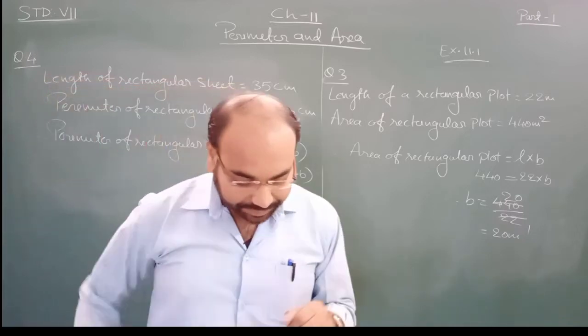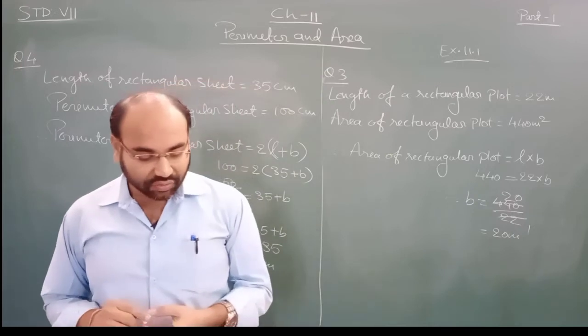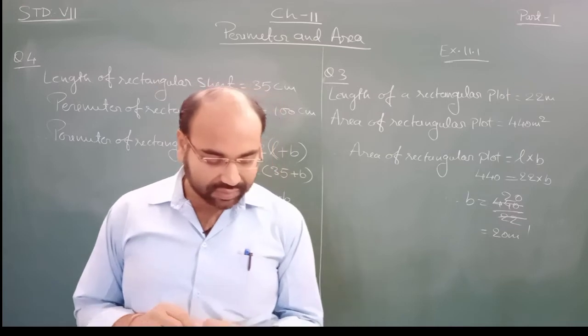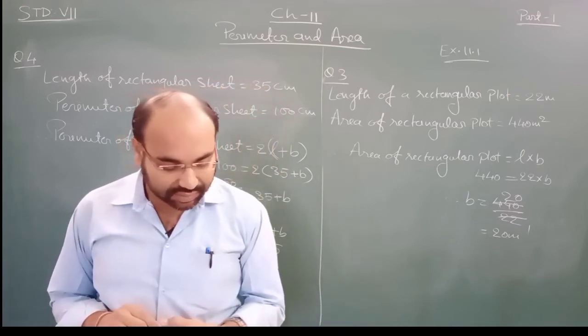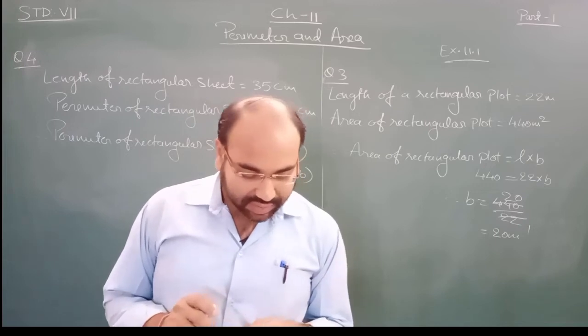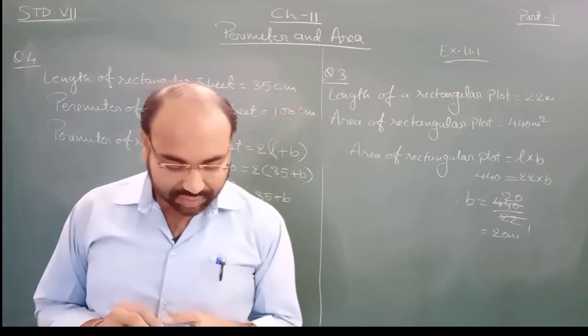Fifth one, the area of a square park is the same as of a rectangular park. If the side of the square park is 60 meter and the length of the rectangular park is 90 meter, find the breadth of the rectangular park.